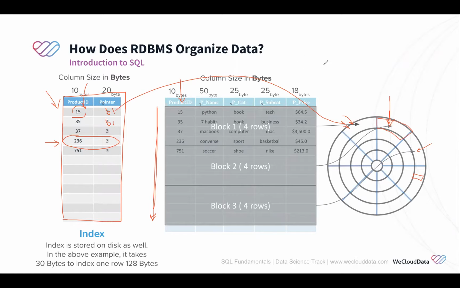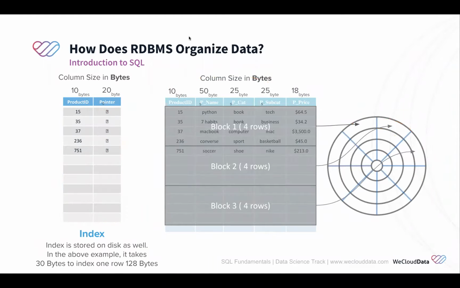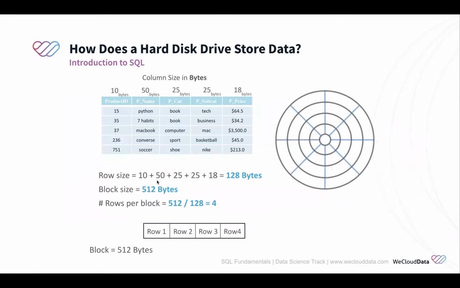Okay, so index essentially allows us to skip many blocks and only read the block that we need. And that's why the data retrieval will be much faster. Okay, so that's how indexing works. I'm skipping all the algorithm part, and hopefully that helps you understand how that works.